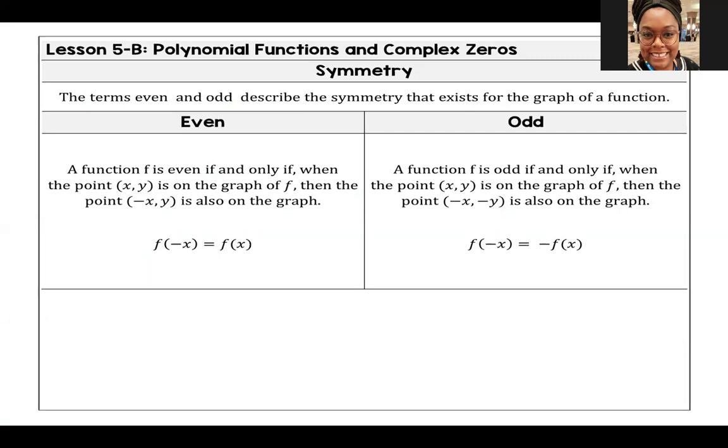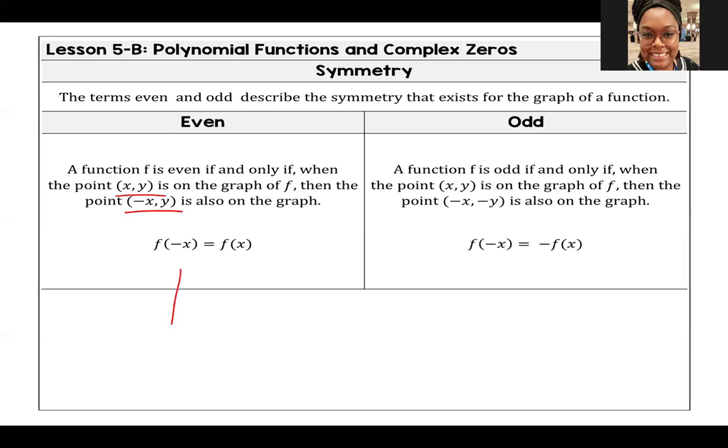Even functions are going to have even behaviors, okay? So essentially a function f is even only if when the point (x, y) is on the graph, so is (-x, y), okay? Meaning that I'm equally split across the y-axis.